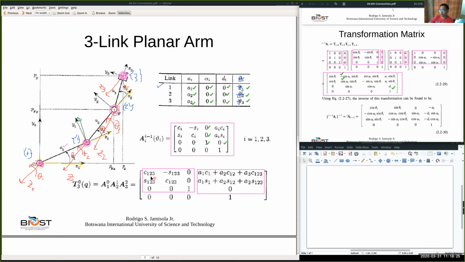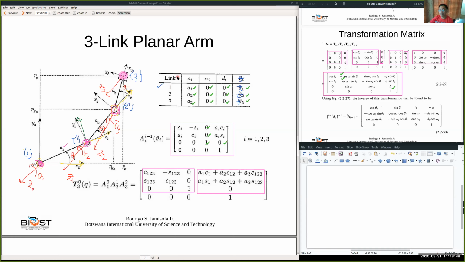Normally this is the convention, we say sine 1 to 3, like that. And we know that theta 1, theta 2, theta 3 are all the variables, while the distances a1, d1, and alpha are not.